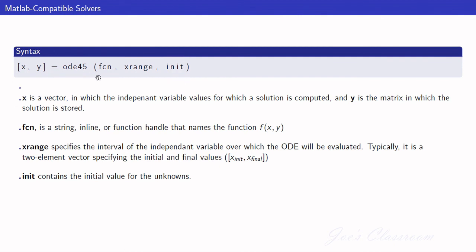We have understood the syntax of ODE45, and now we will create a script file to make use of this ODE45 solver to solve the same differential equation which we solved using the lsode function.